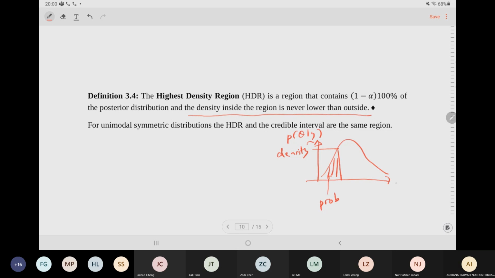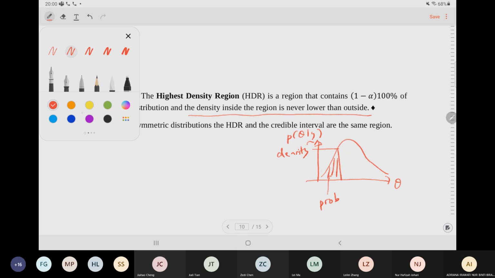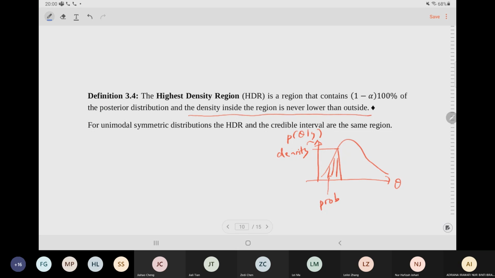So if you're looking at the density, then we are looking at the height of the graph. Inside the HDR, the highest density region, if you have this area here, this is your interval.